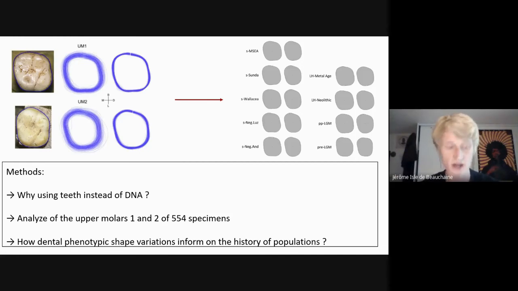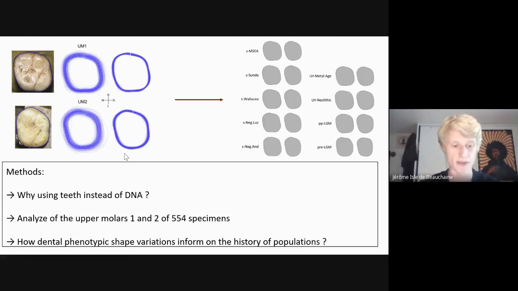And the second reason why we can use the shape variation of the molar to reconstruct the history of populations is that the crown shape is a highly heritable trait, so we can use it to reconstruct the evolutionary relationships between populations.